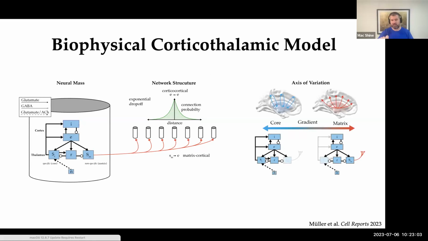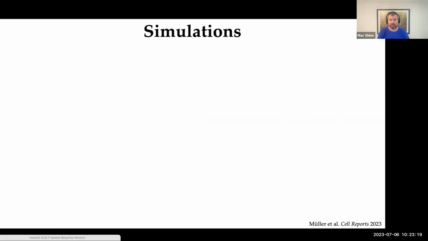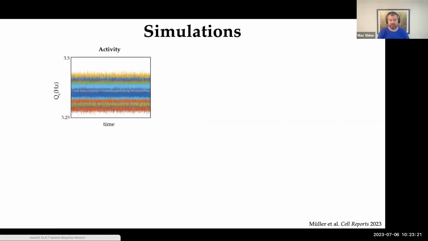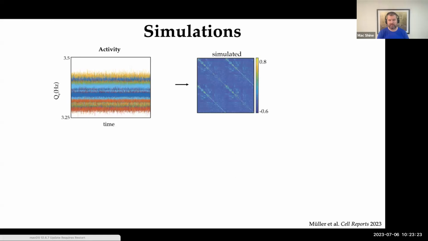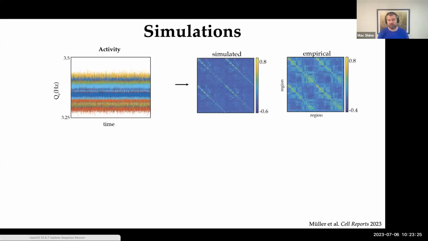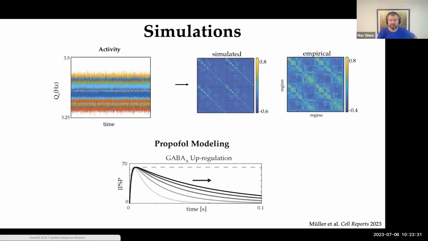Then in his model, he could also spatially embed it so that he could create the gradient that we saw in the neuroimaging data, where the core nuclei supported the more sensorimotor end of the gradient, and the matrix nuclei supported the more associative areas at the other end of the gradient. He then ran a number of simulations to get activity patterns, which gives you a simulated correlation matrix. You can compare that with an empirical correlation matrix and find really nice correspondence between the two.